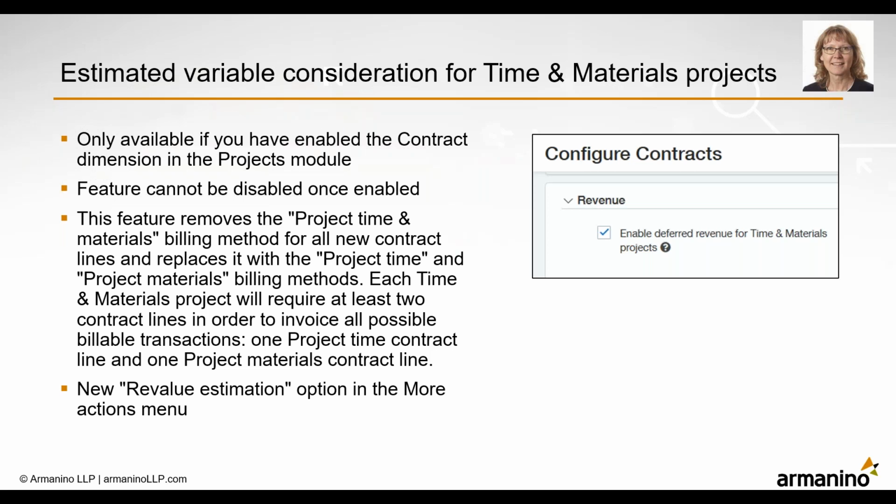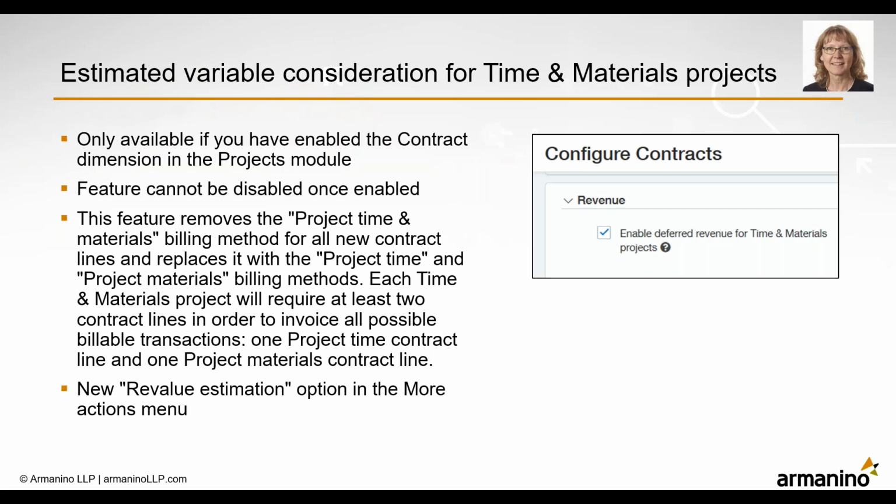And what it does is it removes the project time and materials option, and it replaces it with project time and project materials billing method. So it really segregates that out, right? If you need variable consideration for those two types of things on a time and materials project.